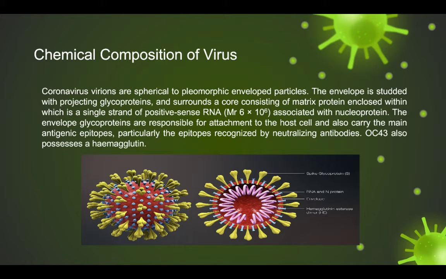The envelope glycoproteins are responsible for attachment to the host cell and also carry the main antigenic epitopes, particularly the epitopes recognized by neutralizing antibodies. OC43 also possesses a hemagglutinin.